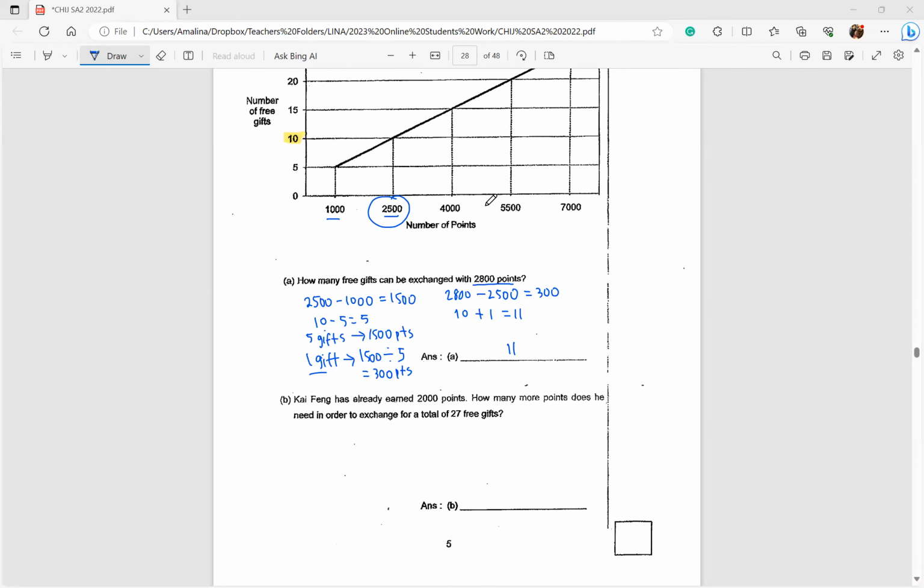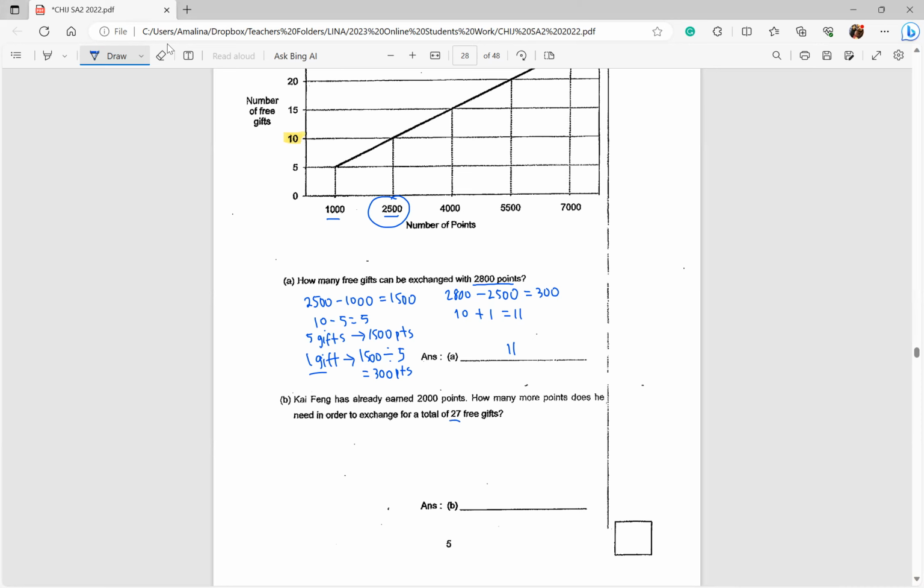Now for part B, Hyphen has already earned 2,000 points. How many more points does he need in order to exchange for a total of 27 free gifts? Same idea. The number of free gifts here is 27.